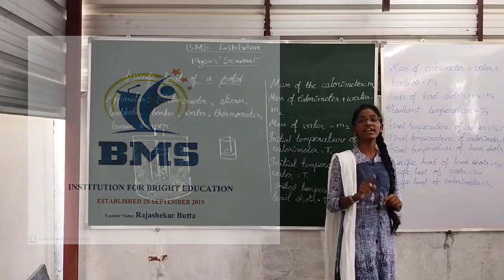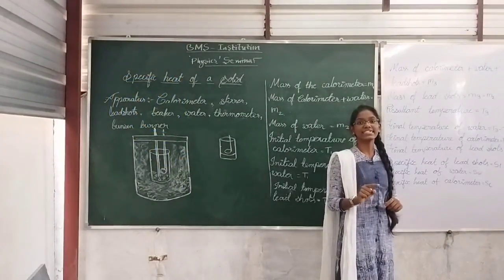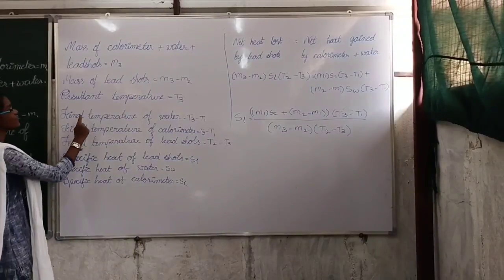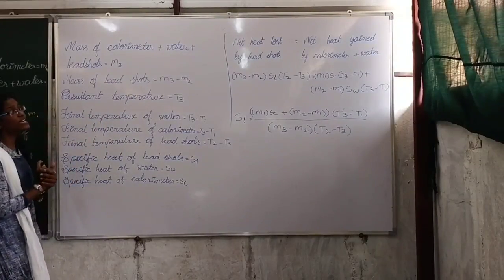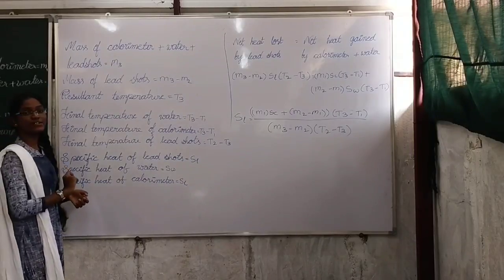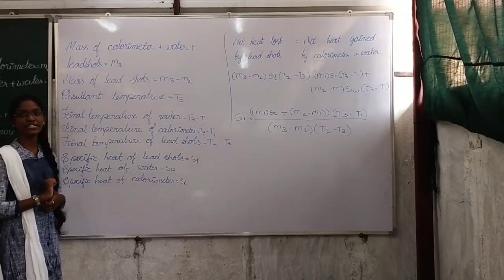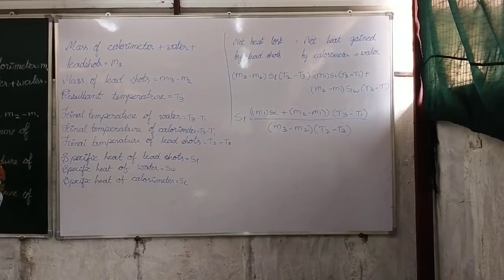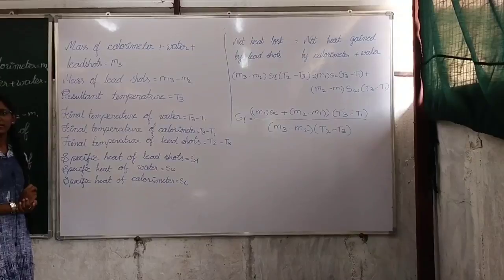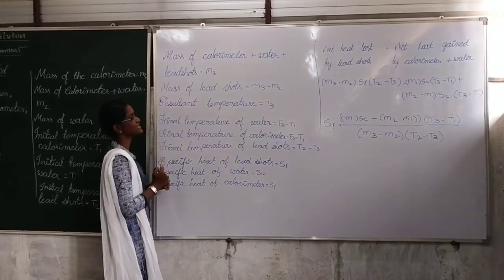We are taking the resultant temperature as T3. T3 is the resultant temperature after the mixture has mixed in the calorimeter. So the resultant temperature is T3.